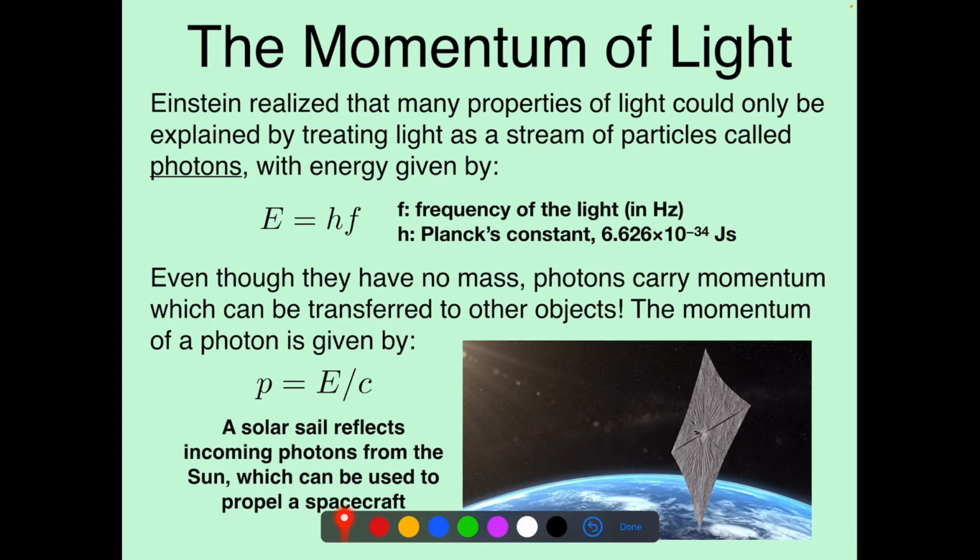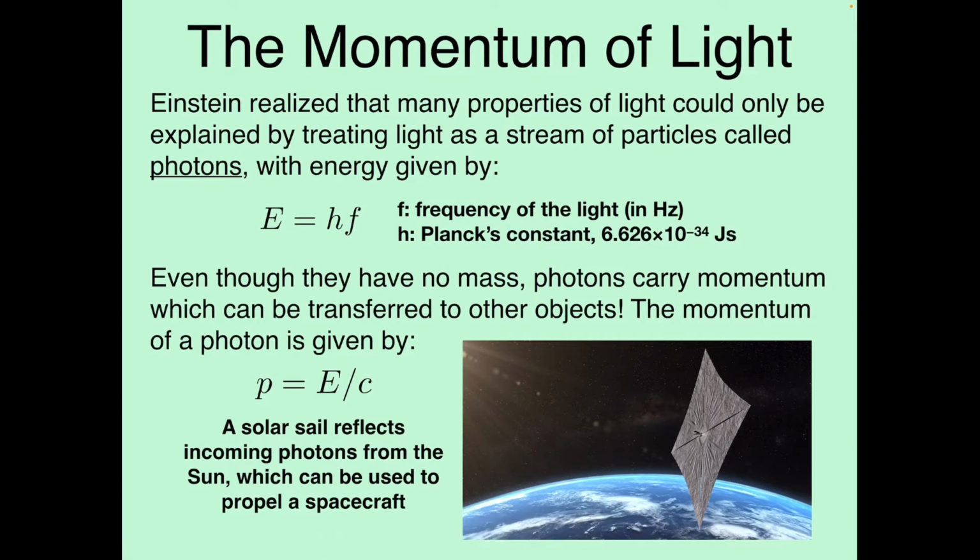This is a constant you see in the equations of quantum mechanics popping up all the time, but it's a fundamental constant of nature for our purposes. And then f is the frequency of the light, measured in hertz. So the idea here is if you know the frequency of the light, you automatically know the energy of one of those photons.